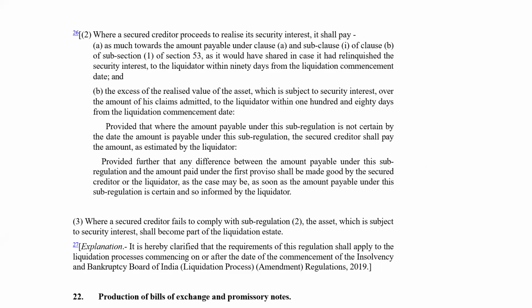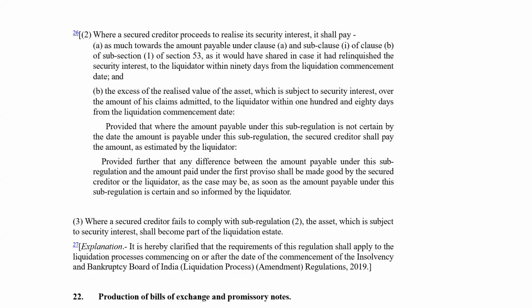Excess of the realized value of the asset which is subject to security interest over the amount of his claims admitted to the liquidator within 180 days from the liquidation commencement date, provided that where the amount payable under this sub-regulation is not certain by the date the amount is payable, the secured creditor shall pay the amount as estimated by the liquidator.